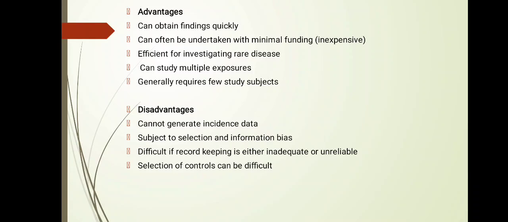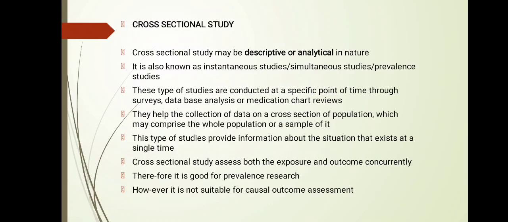Disadvantages: cannot generate incidence data, subject to selection and information biases, difficulty of record keeping being either inadequate or unreliable, and selection of controls can be difficult. Then cross-sectional studies.